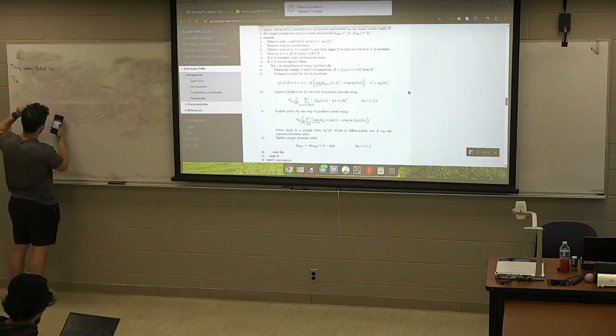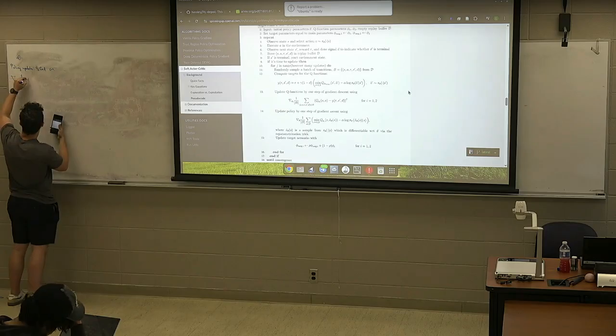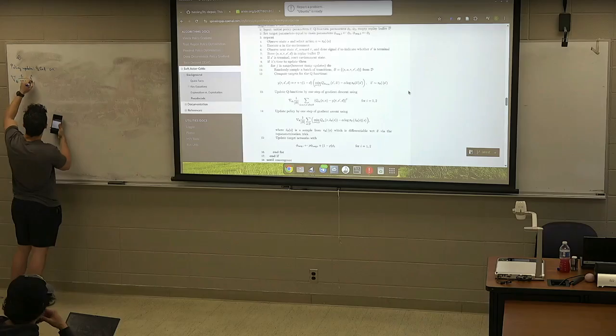Gradient with respect to the policy parameters is 1 over the size of B, sum over all of the states in the batch.